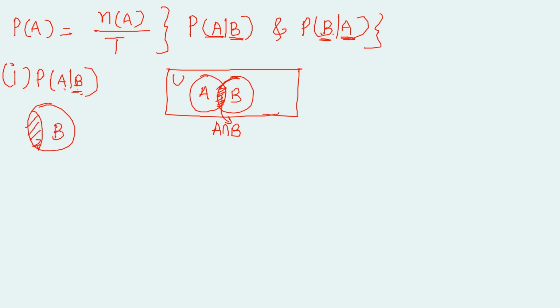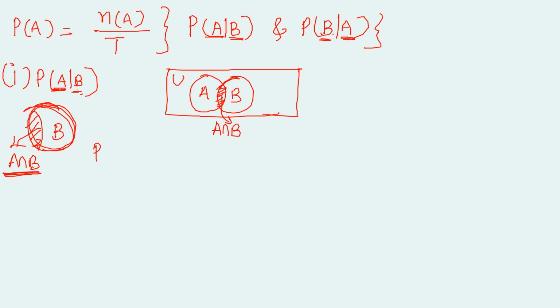This is B and the intersection region A intersection B. This is our favorable outcome, A intersection B, because only in A intersection B do we have the possibility of getting A. Here B has already occurred, so this is our total possible outcomes.